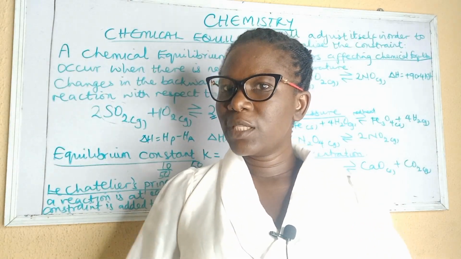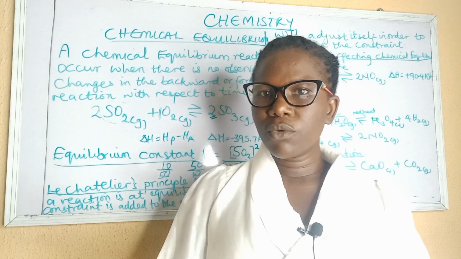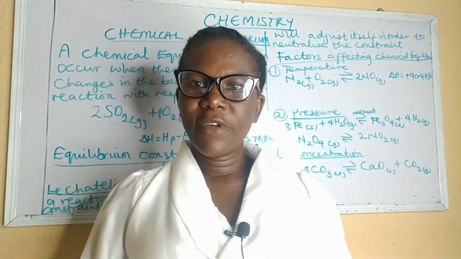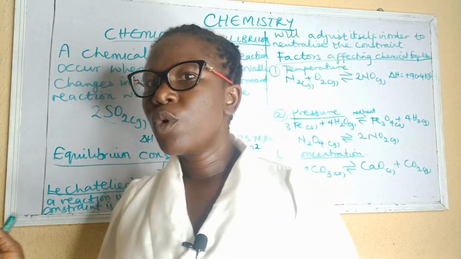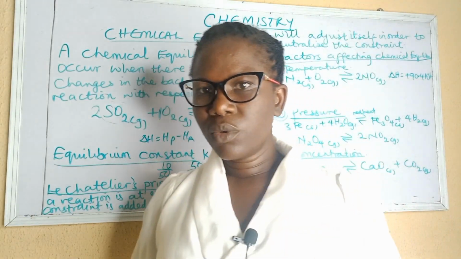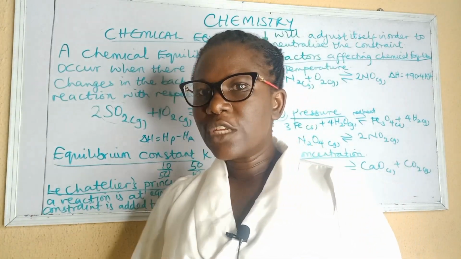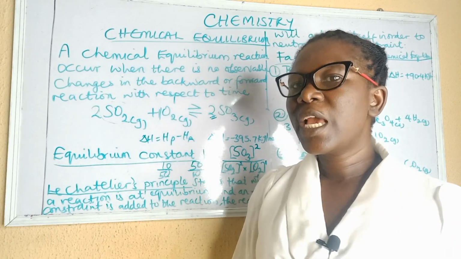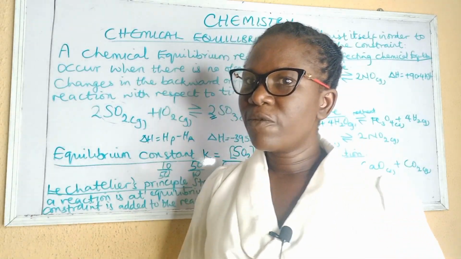In such cases, there will be no changes with time. So the best thing is to alter the conditions that affect such reactions, and so we use the principle of Le Chatelier to understand the effect of each of these factors. When we alter each of these factors, how will they affect the system, favor or not favor it?